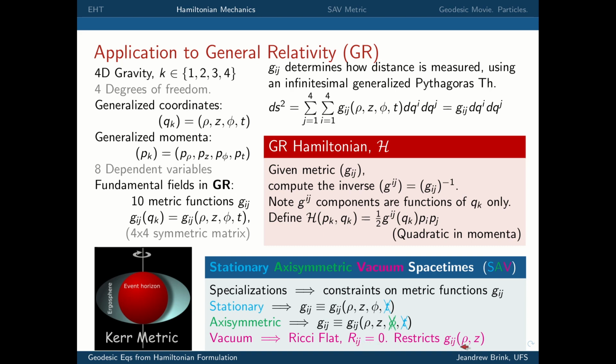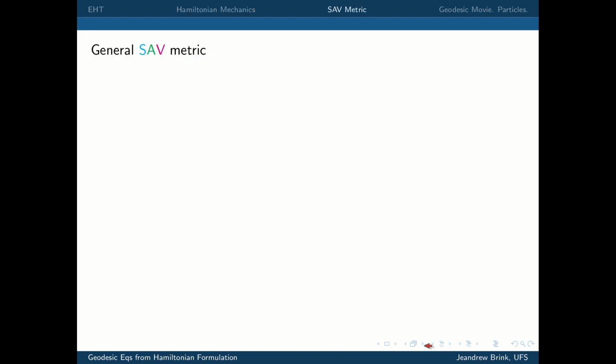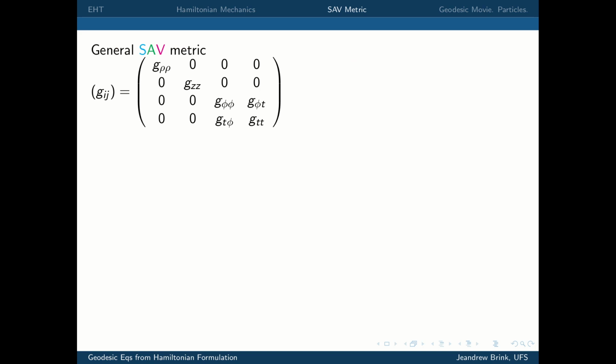So just as in Newtonian mechanics, we found that the gravitational field was sourced by the mass density, so too in relativity, the curvature of the space-time is fixed by the stress-energy tensor, and we are only interested in space-times where we explore the particle motion where there is no influence from the stress-energy tensor. In other words, it's Ricci flat. So this is the assumption we make in vacuum, and if we make these assumptions, the most general metric we can write down, which can also be rigorously shown, is this SAV metric, and it looks something like this.